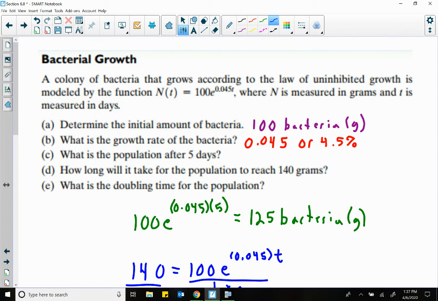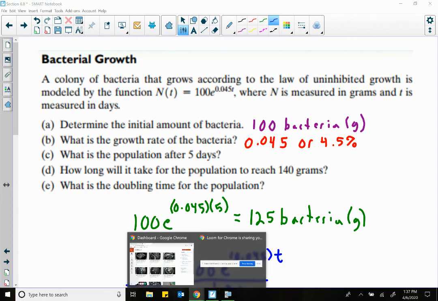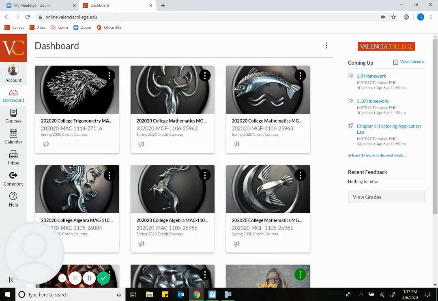Half-life means you want half of what is there. We want half the amount. So if we began with 100, the half-life of 100 would be 50. So if you see doubling, that means double the initial amount. If you see half-life, that means cut the initial amount in half. But that is 6.8. And there, you're all done. You did it. College algebra, finito.